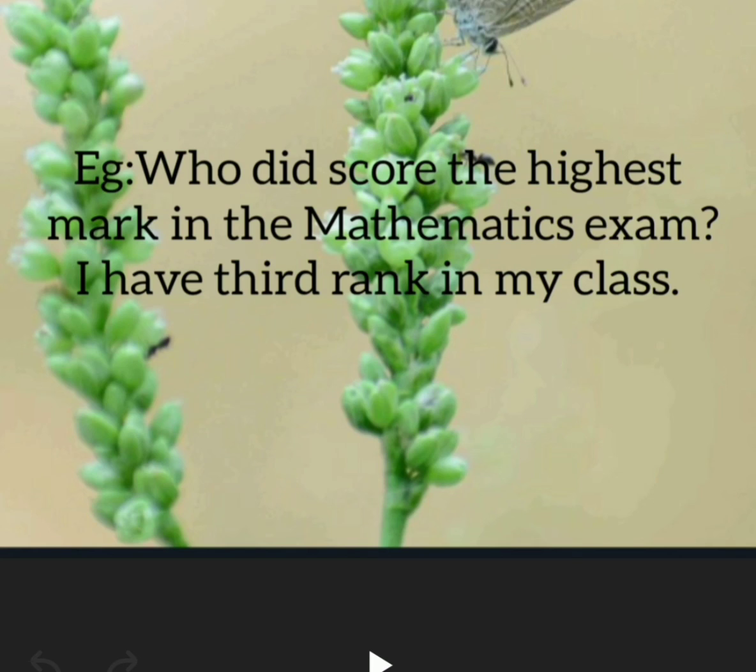Here we get who got the first rank in the mathematics exam, isn't it? So the answer is considered as the determiner here, the ordinal first. The next sentence is, I have third rank in my class. The third is considered as the ordinal.